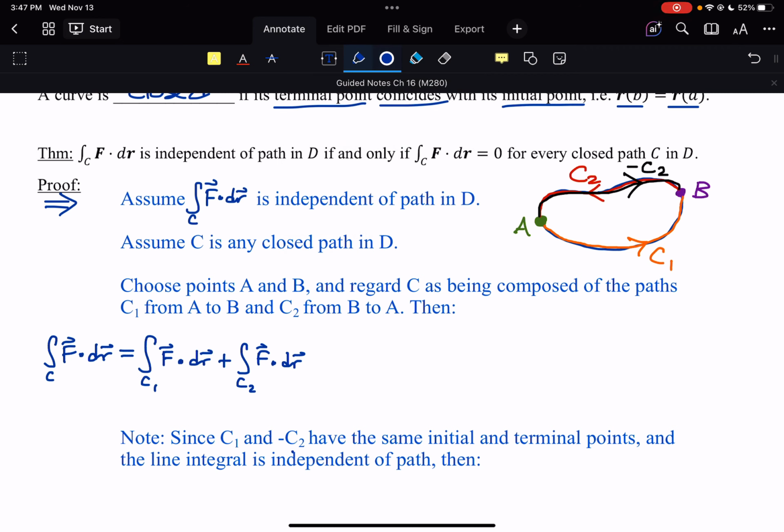C1 and the opposite of C2 have the same initial and terminal points, and the line integral is independent of path. That means that they are equal.